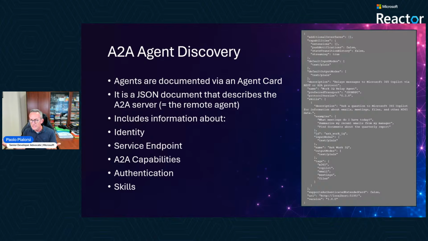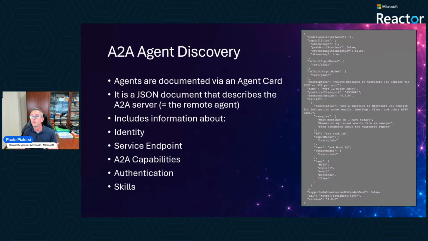So the remote agent, and any agent made available through the A2A protocol, will provide a so-called agent card, which is nothing more than a JSON file in which we have the definition of a set of information about the agent that is providing its own capabilities to the remote consumers. For example, in the agent card, we have information about the identity of the agent, the endpoint where the agent is accessible, the capabilities that the agent is providing, and of course the authentication, because security is always in place.